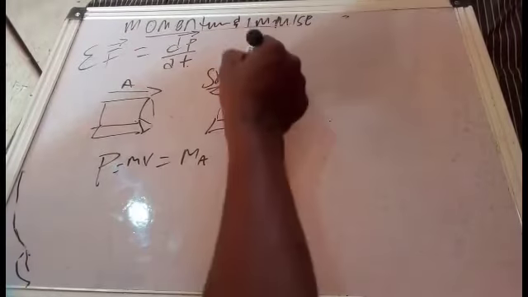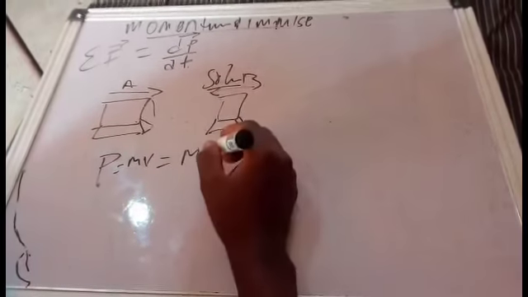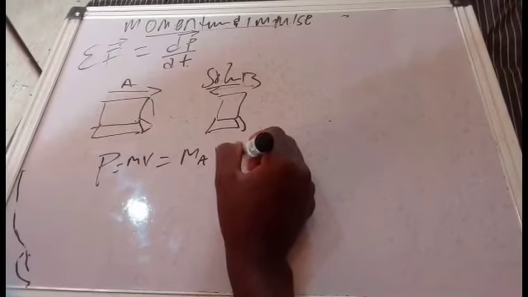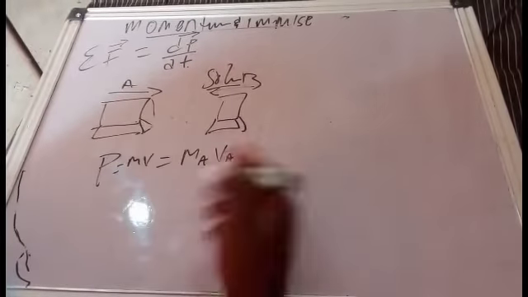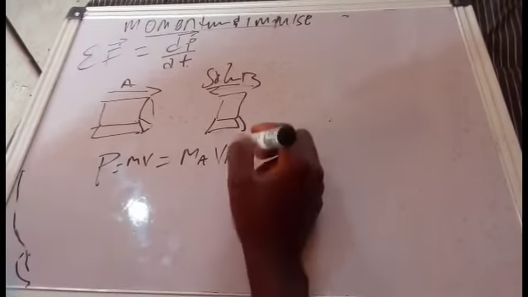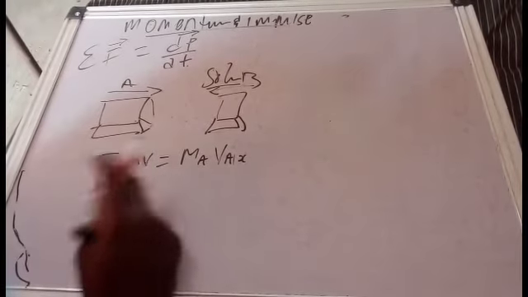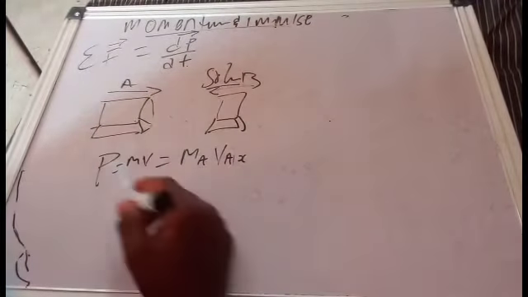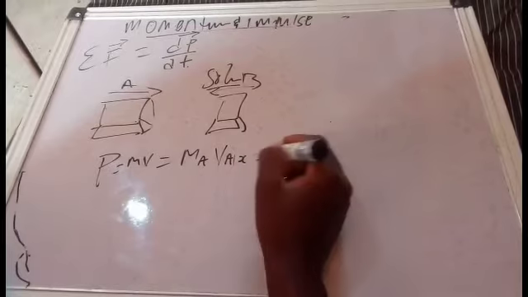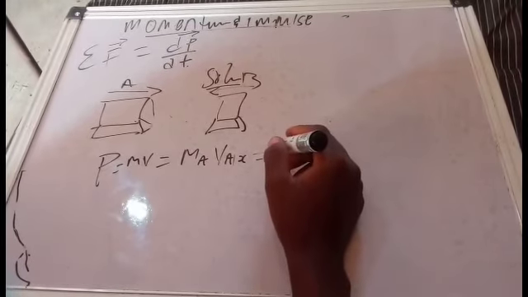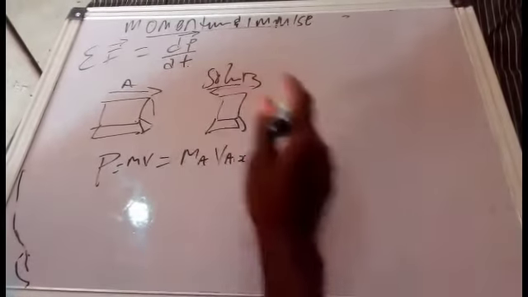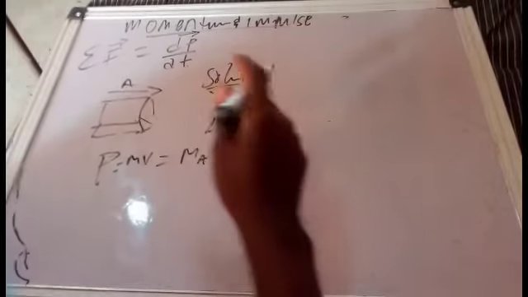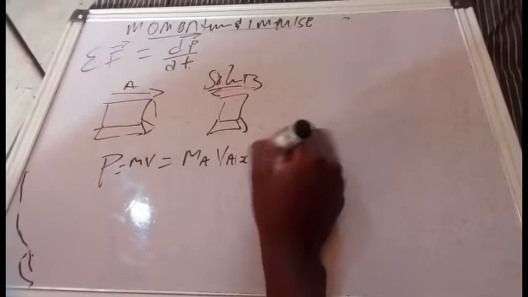Let us say this is A and this is B. For the first one we have m_A v_A1x, that's on the x axis, and we add them. We're talking about the x component before the collision.